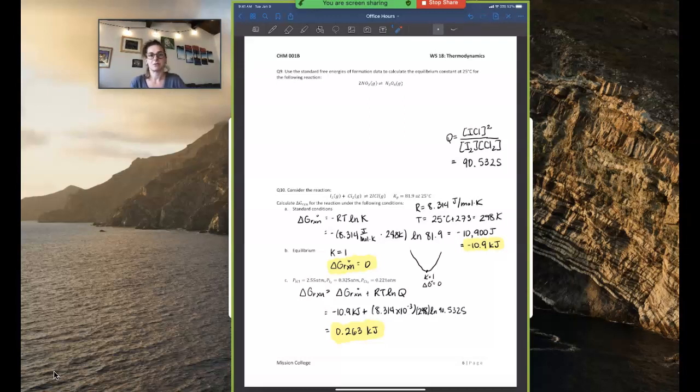Also, a good trick to remember here is that at equilibrium, Gibbs free energy is 0. There's no more work that needs to be done. We're already at our dynamic equilibrium. And I think that's about it.